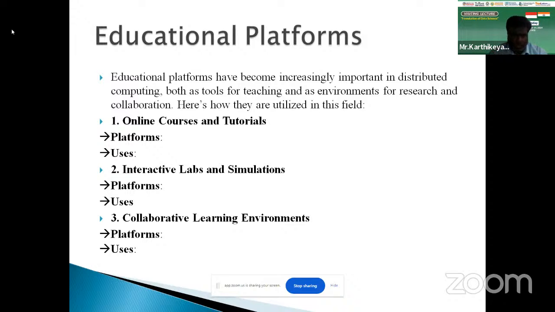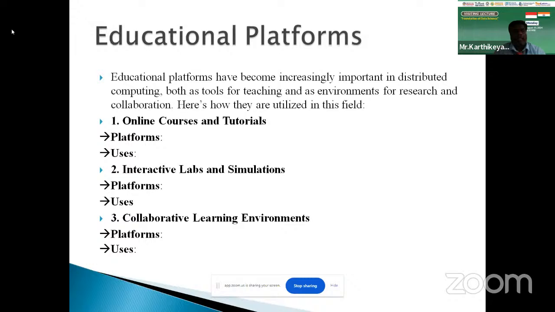And second one, interactive labs and simulations. The platforms are Google Cloud Platform Labs, AWS Educate, and Microsoft Learn. Actually, these are used for providing hands-on experience with cloud environments and distributed systems.